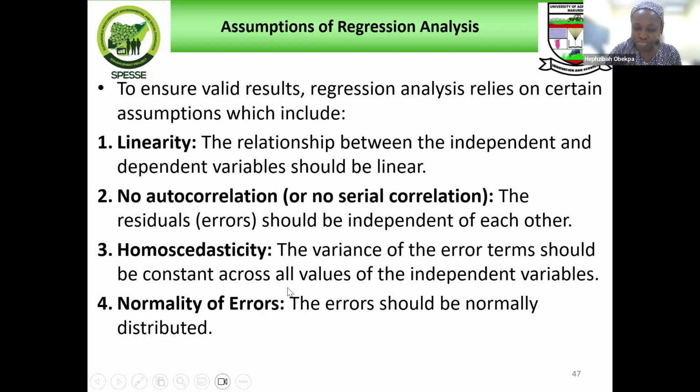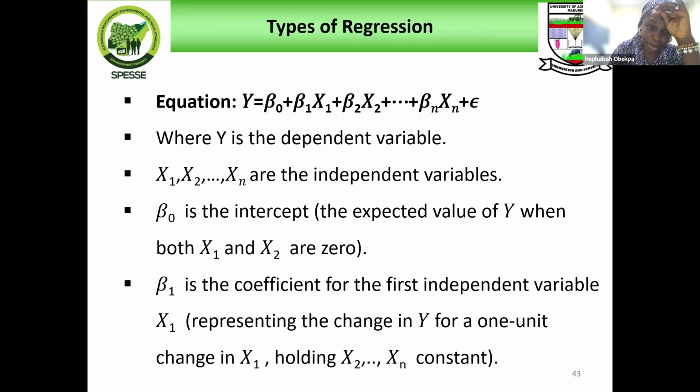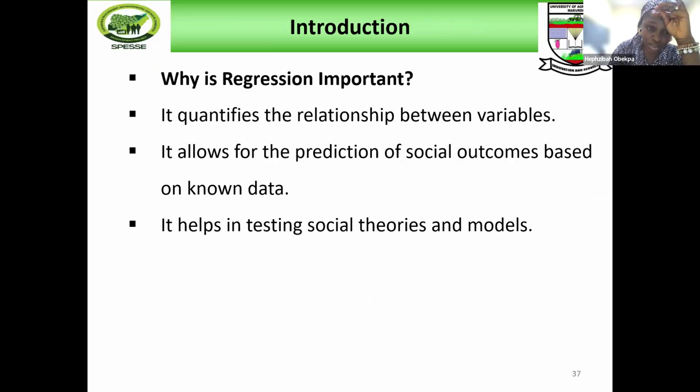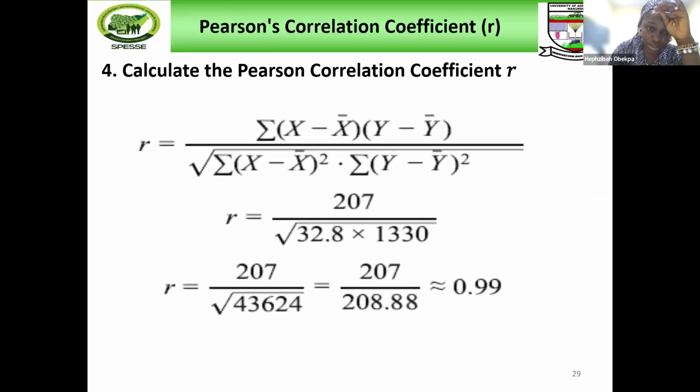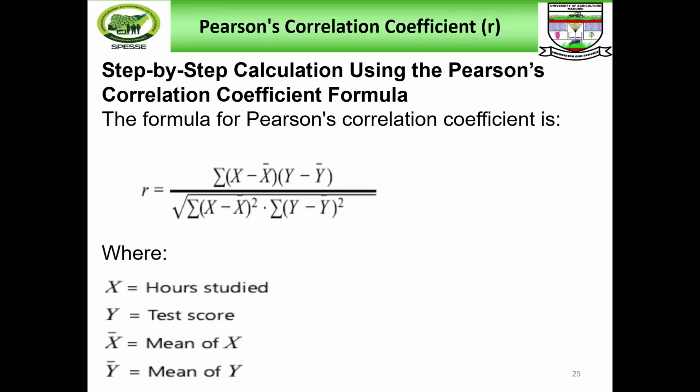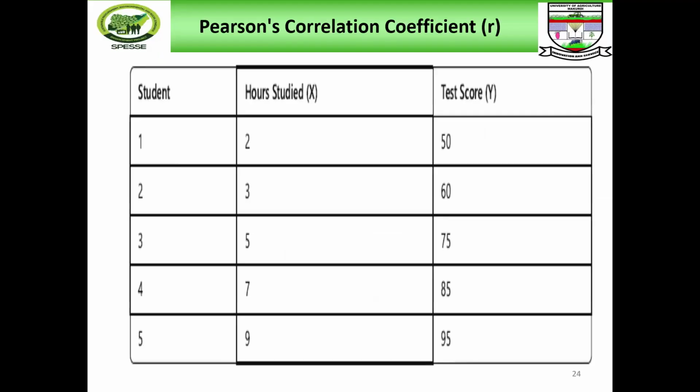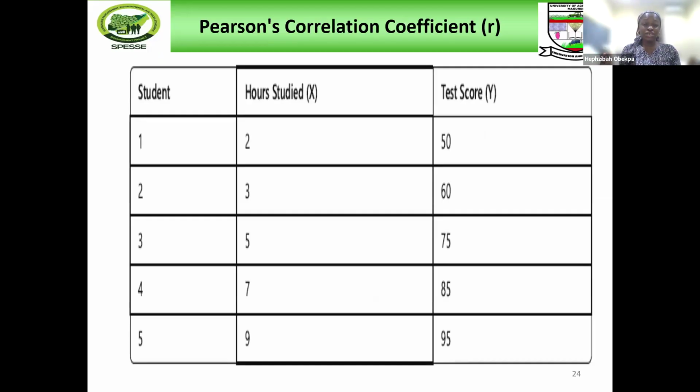When we talk about errors, so that you understand what we're trying to say, let me go back to this correlation example. Can everybody see this? Forget that this is correlation, I'm trying to explain regression now.